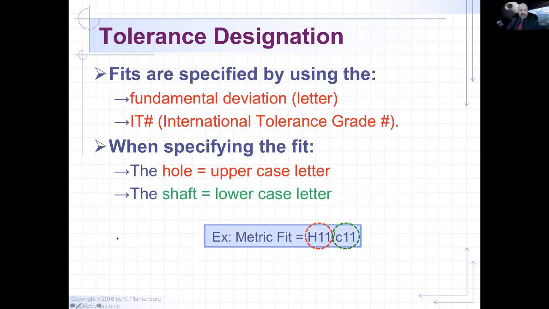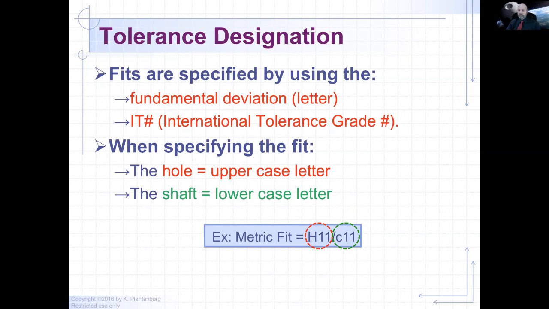Here's another example. The fits are specified by the fundamental deviation, which is the letter, and the IT number, which is the number. So H is the fundamental deviation for the hole, and 11 is the IT number for both the hole and the shaft in this case.